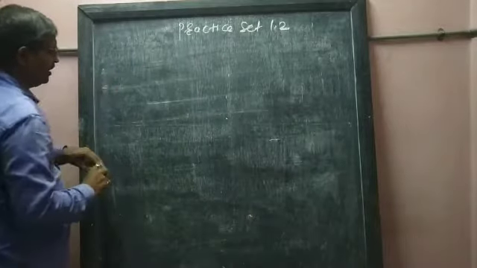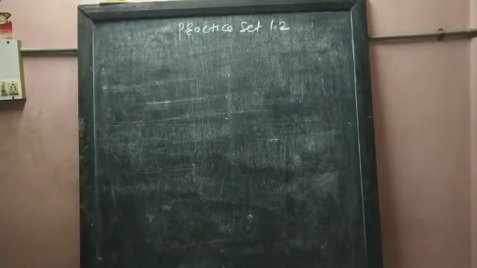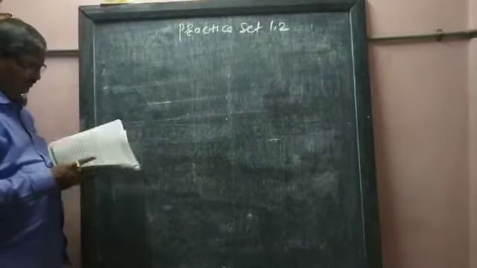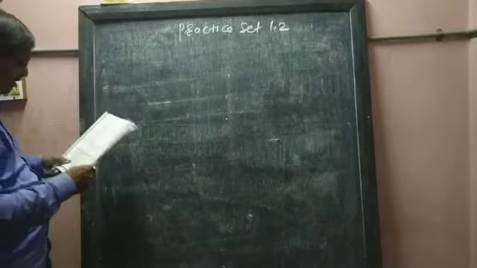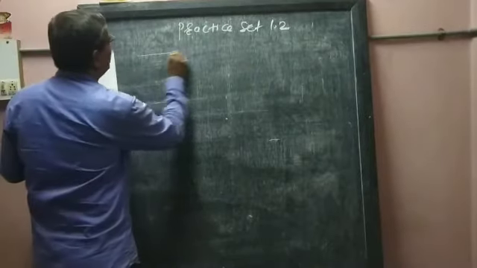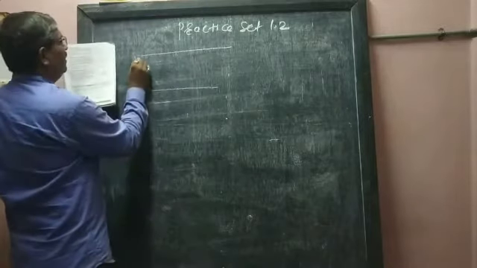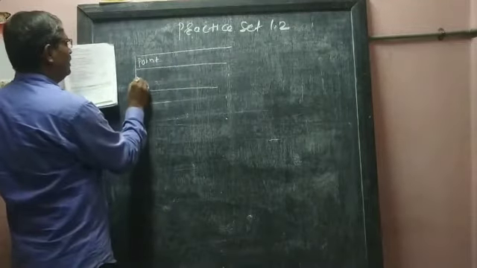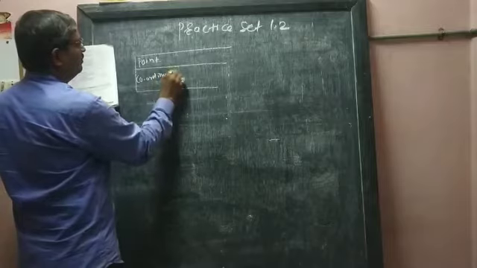Now, open your textbook and read question number 1 of exercise 1.2. There is one paragraph and one table given to us. In the first row there are points, and in the second row coordinates are given.